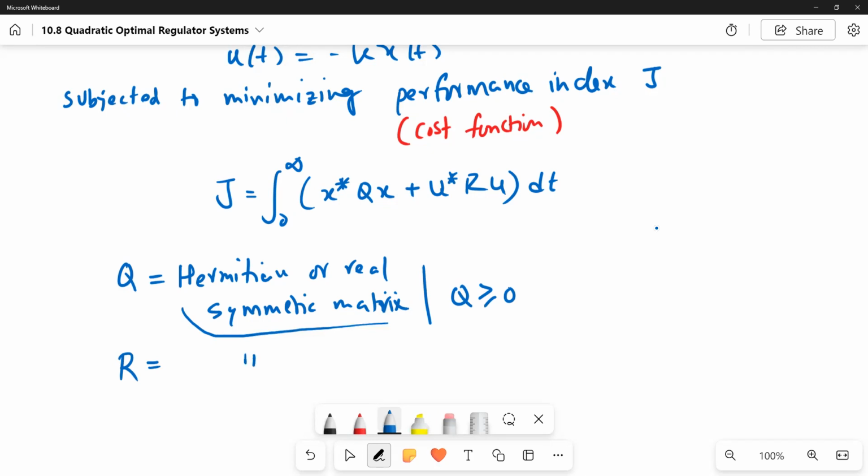But in this case, it is only positive definite, not semi-definite. So you can just write R is greater than 0.